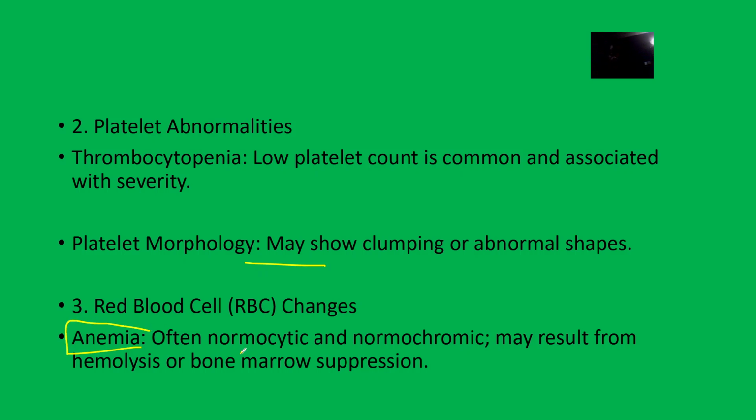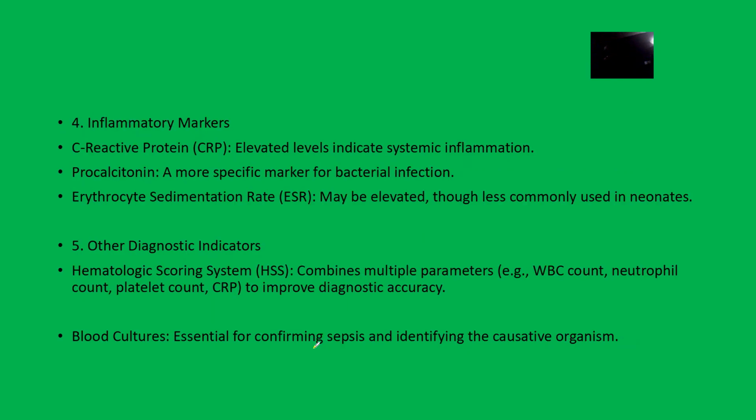Okay, so we can have a normocytic, normochromic anemia, which may result from breakdown of red blood cells, that's hemolysis. Or sometimes the bone marrow, the way it is supposed to be functioning, is suppressed. Then you see a lot of inflammatory markers in the system, like C-reactive protein, procalcitonin, and erythrocyte sedimentation rate is also increased.